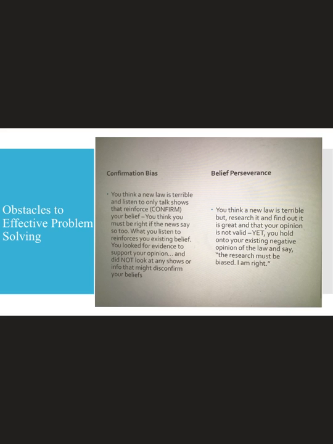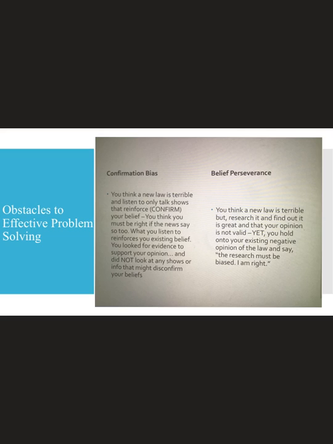So let's take that idea of belief bias and transition it into an understanding so that we can differentiate between confirmation bias and belief perseverance. Confirmation bias is when you think a new law is terrible and listen to only talk shows that reinforce or confirm your belief.